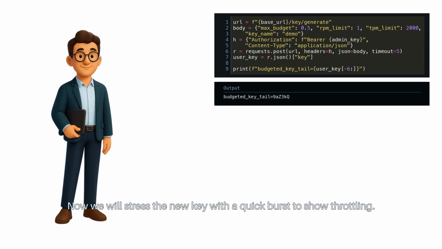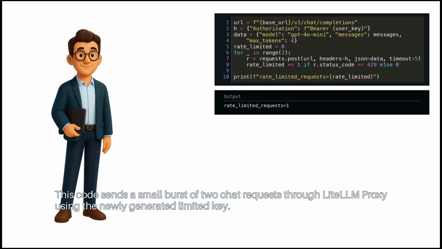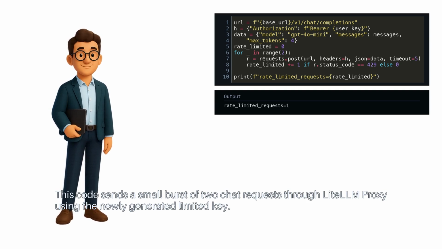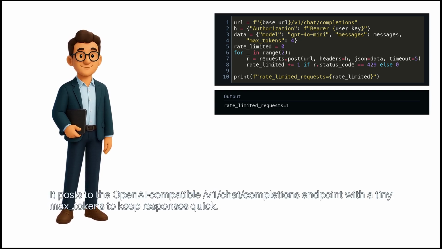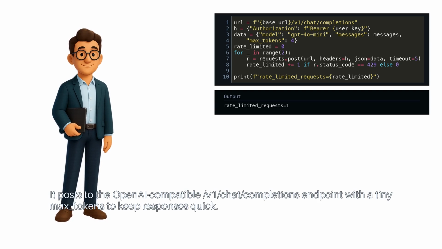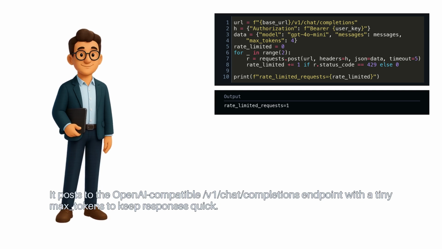Now we will stress the new key with a quick burst to show throttling. This code sends a small burst of 2 chat requests through LiteLLM Proxy using the newly generated limited key. It posts to the OpenAI-compatible /v1 chat completions endpoint with a tiny max tokens to keep responses quick.